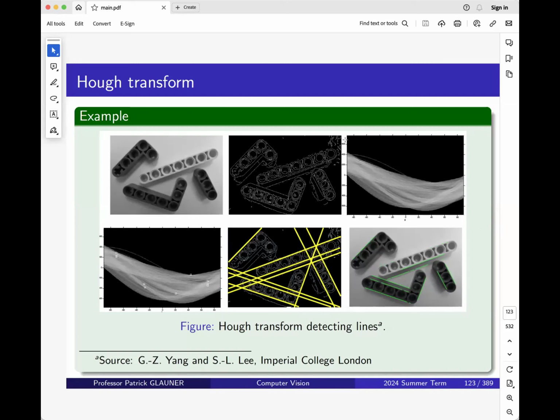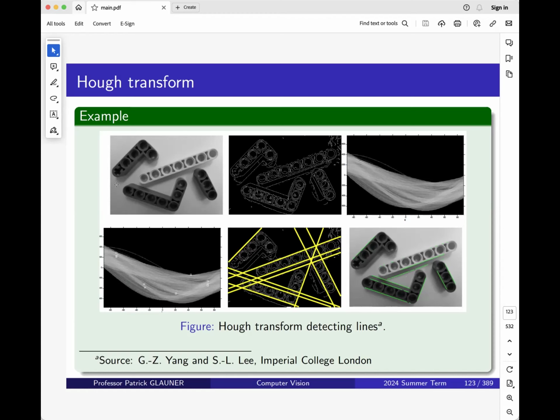Probably you're confused about images 3 and 4 because they look like some hair. This is actually just a different representation of our pixels and lines in a different space, in a so-called R theta space. We'll be looking at this R theta space now, and we'll see how the Hough transform works and why it can handle extremely much noise and still deliver relatively good results, like in this image.